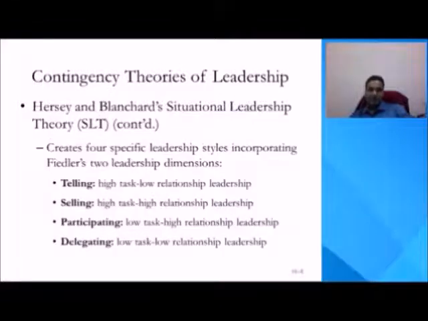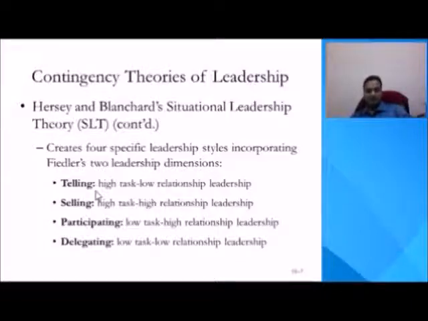What this theory, the SLT theory, which is a very popular theory, says is that based on the readiness of the followers, there are different leadership styles. So a leader needs to be flexible in matching the style to the readiness and acceptance of the followers.